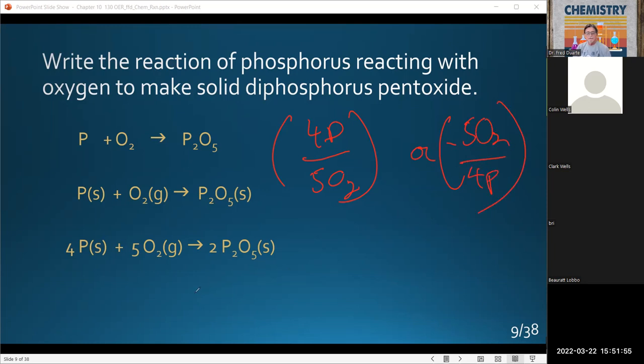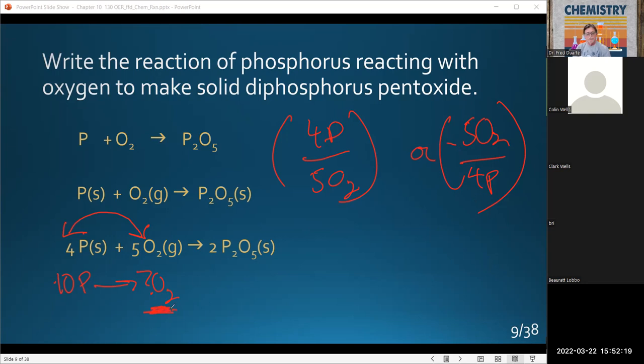So you might be asked the question, let's say if I have 10 phosphorus, how many oxygens do I need? So what am I looking for? I'm looking for oxygens, and I'm only dealing with the 2 reactants. So the relationship I'm looking for is the 5 oxygens to 4 phosphorus.